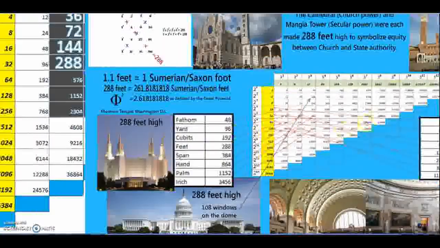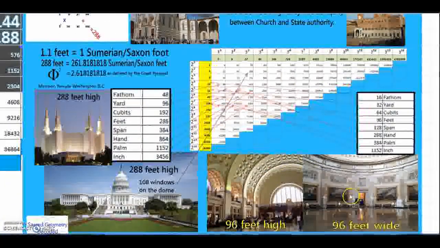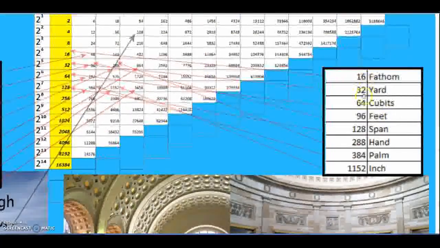Now, also worth noting, both the rotunda in the US Capitol building and the Union Station are 96 feet high. Again, I could list so many other important architects, cathedrals, monuments, major public buildings that have this measurement. But even so, 16, 32, 64, 96, 128, 288, 384, 1152, these are all on the harmonic scale.